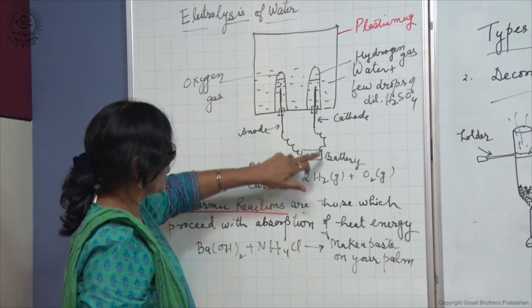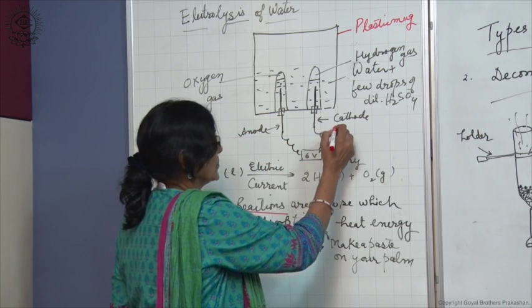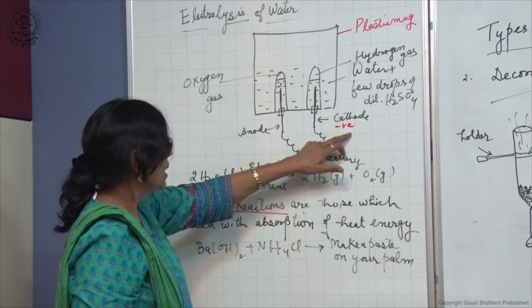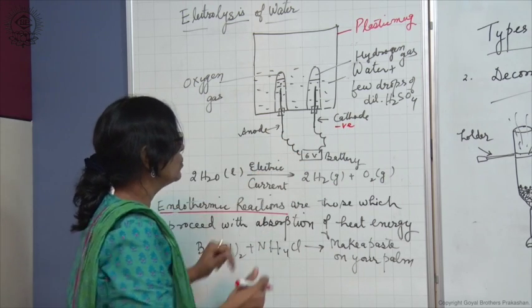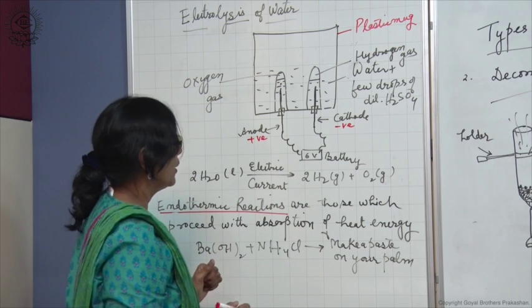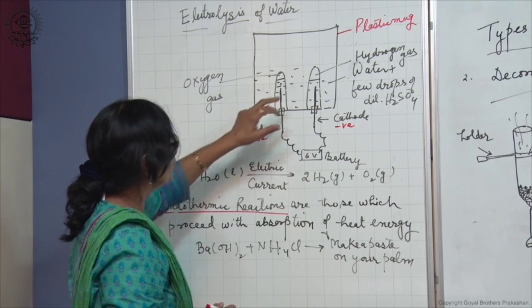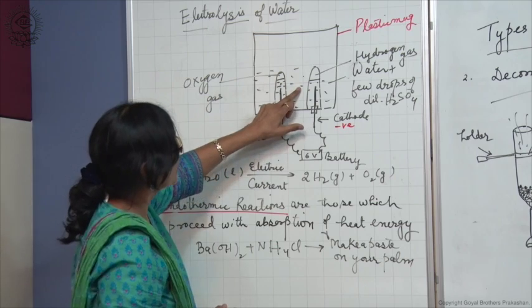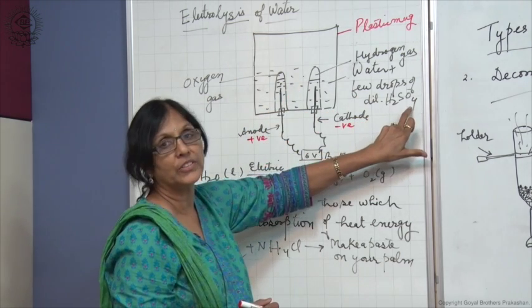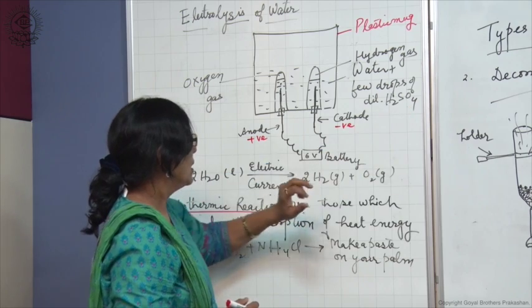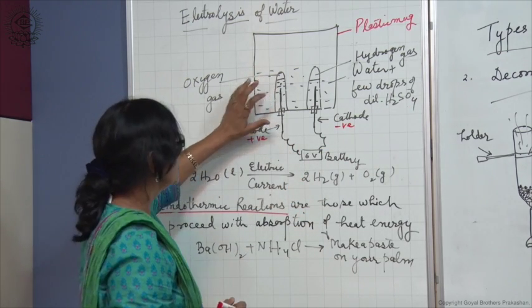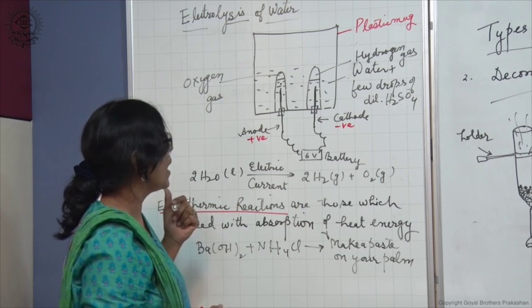The electrode which is connected to the negative terminal of the battery is called cathode, and the electrode which is connected to the positive terminal of the battery is called anode. To make water a good conductor of electric current, a few drops of dilute sulfuric acid are added. Now, when the current is allowed to pass through water, water decomposes into hydrogen and oxygen.